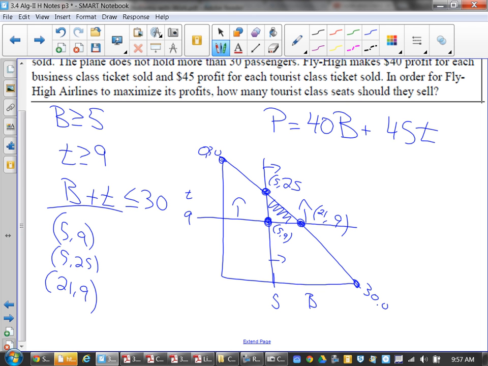So those are the 3 points that you substitute into your profit objective, if you will, to see which one works, which one gives you the maximum value. So in order to maximize profits, how many tourist class seats should they sell? Well, if you substitute in all of them, which one of those 3 gives you the most money? I don't know.